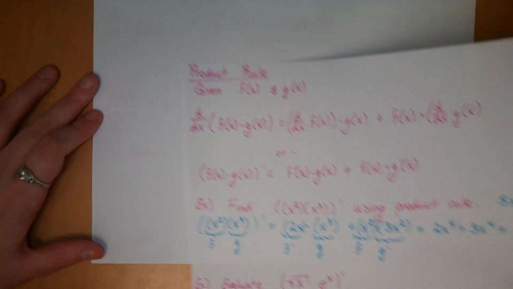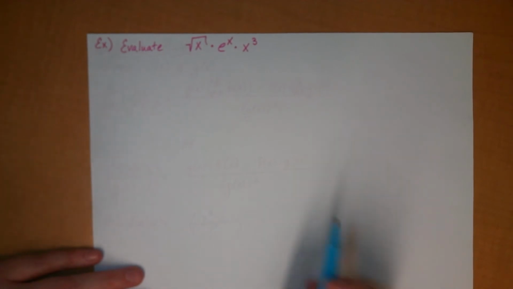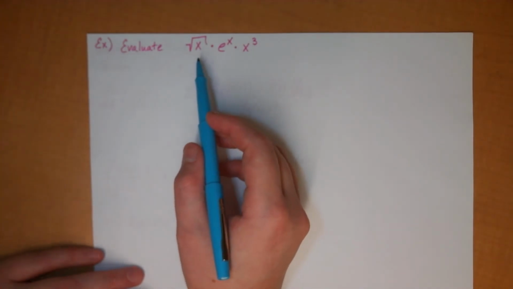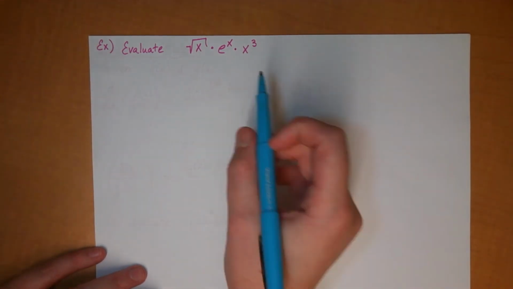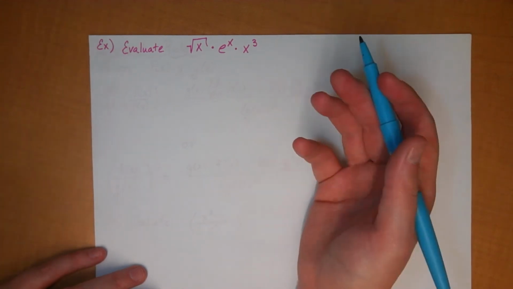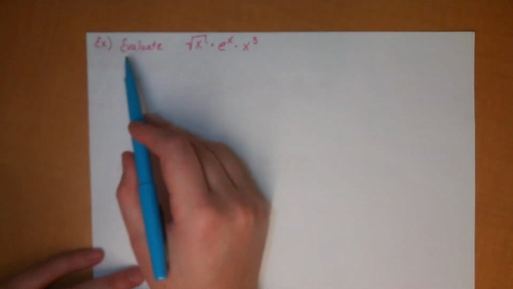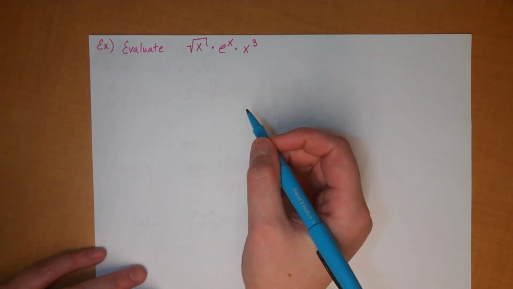Alright, let's look at one more example. Let's say that we want to evaluate the square root of x times e to the x times x to the third. So what I could do is put this square root of x and this x to the third together, but I want to illustrate how we use the product rule if we have three terms.